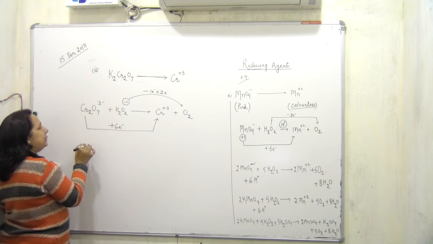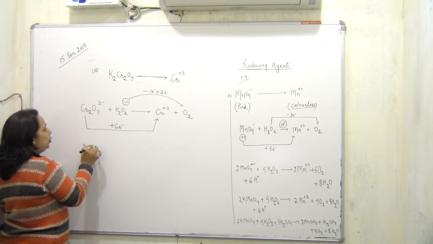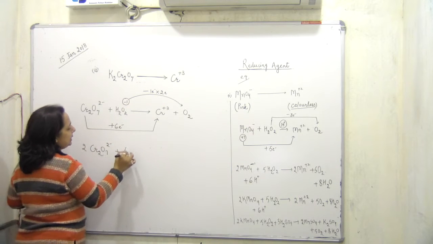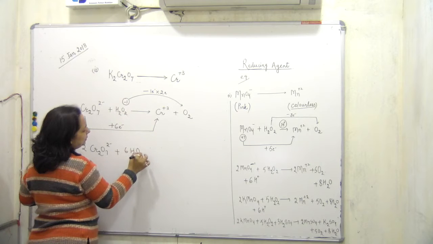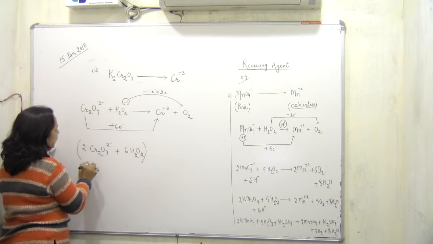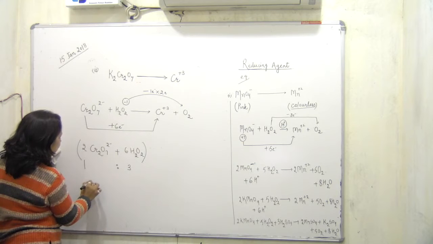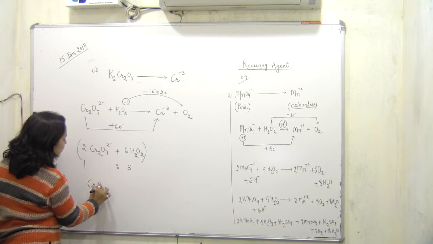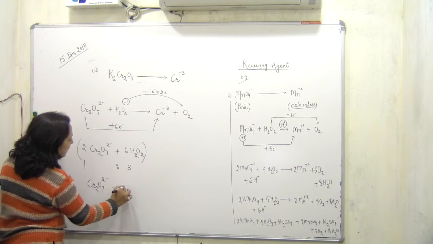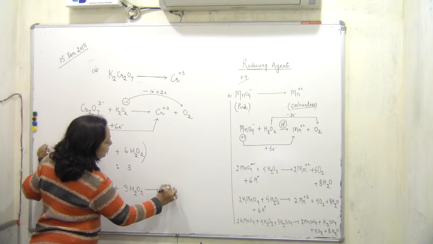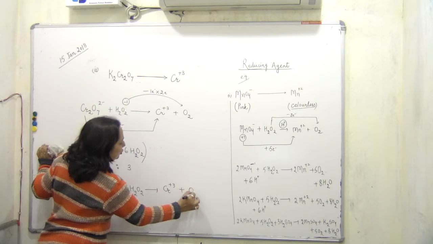Cross multiply the number, we get 2 dichromate plus 6 hydrogen peroxide. This number can be taken in a ratio 1:3. So we can say it is Cr2O7 2 negative combined with 3 hydrogen peroxide gives us chromium 3 positive plus oxygen.